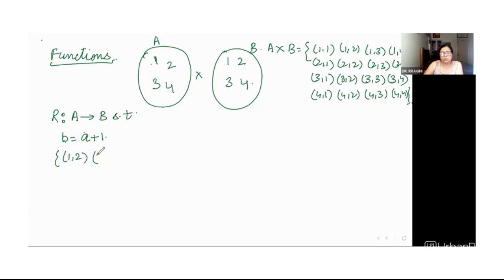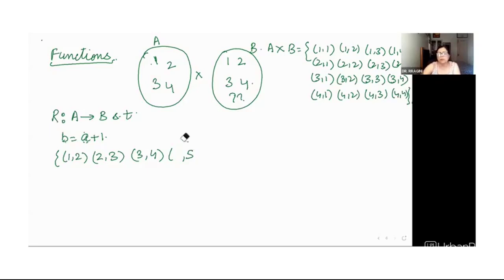If you take A as 2, 2 plus 1, it is 3. Now, A as 3, it is 3 plus 1, 4. Now, the last possibility of A is 4. But if we put 4 here, what do we get? 4 plus 1, 5. See, do we have 5 here? No, right? So we are not supposed to write this ordered pair at this place.